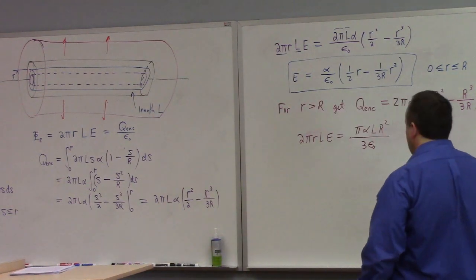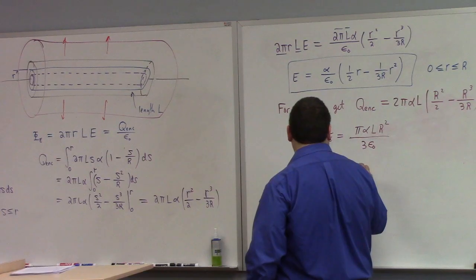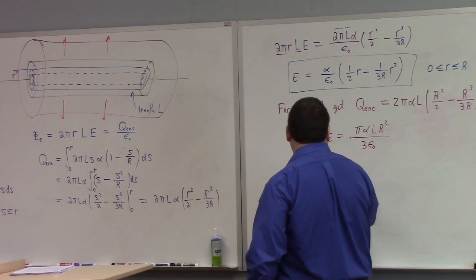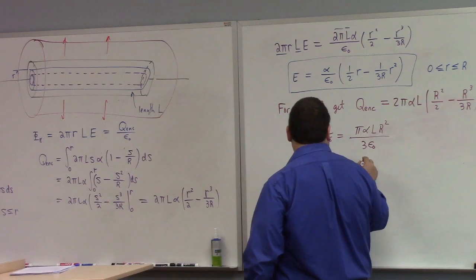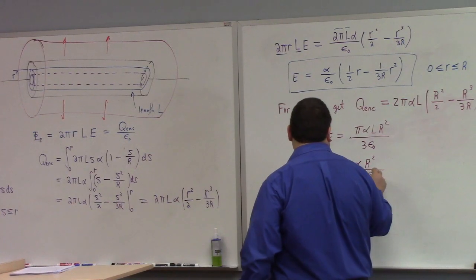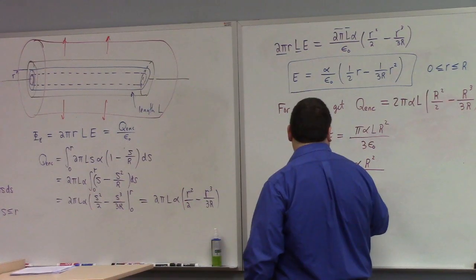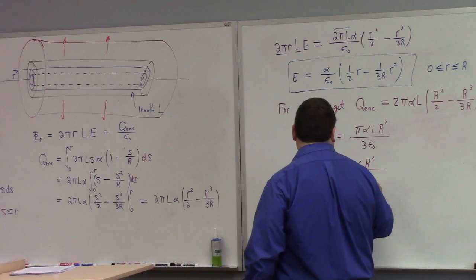And so what does this give me? E equal to, the L and the pi, they'd be canceling. We got alpha r squared divided by 6 epsilon naught.